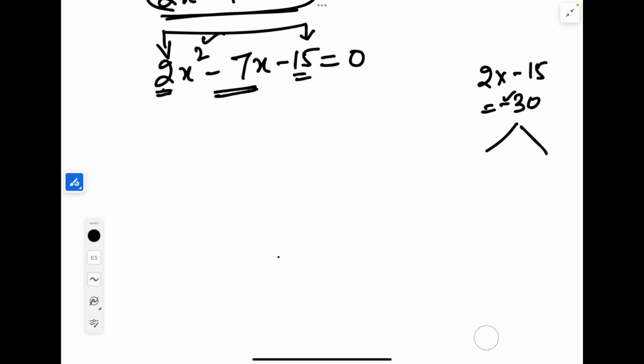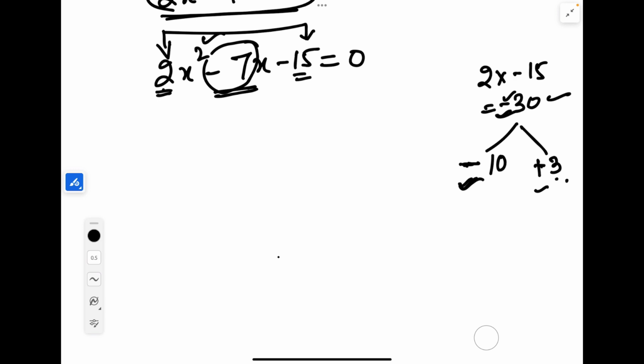Children, whenever you have negative sign as the product, you should have one negative and one positive, okay, because minus into plus we will get minus, right? Now if the middle term is negative, the bigger number put negative sign. Okay, minus 30 can be written as minus 10 plus 3. Minus 10 into 3 is minus 30.